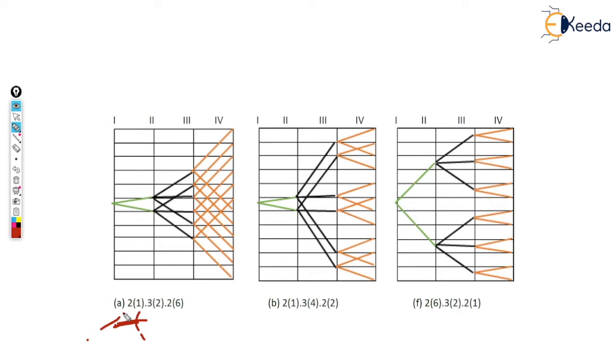Also there should be a distance of 1 unit between these 2 lines. Here we have 2 lines, this is line number 1, this is line number 2, and between these 2 lines there is a distance of 1.